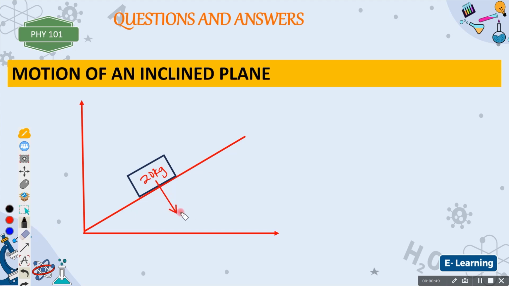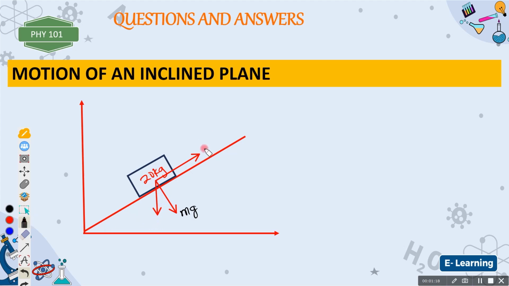So this one here is going to be our mg. However, this is not the horizontal component, neither is it the vertical component. So we have to find the horizontal component, which acts this way, and then, of course, the vertical component of this force, which is going to act downward like this. Is that okay? So this is what this is going to give to us.